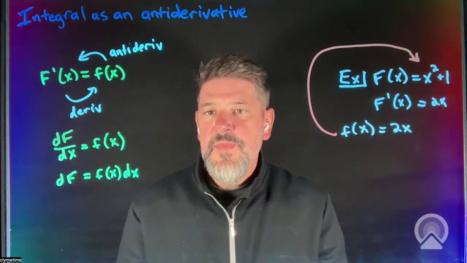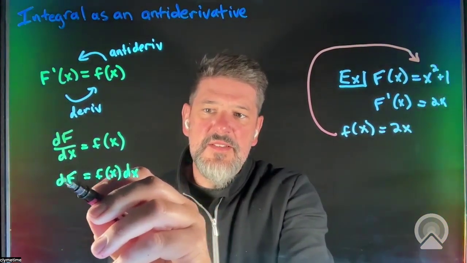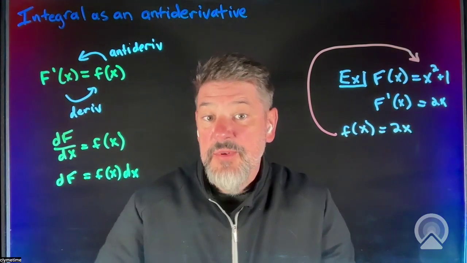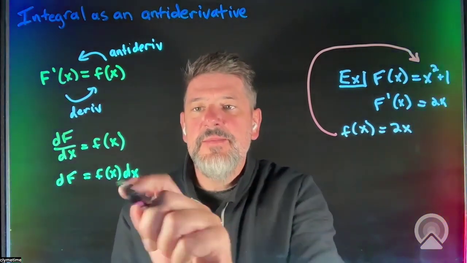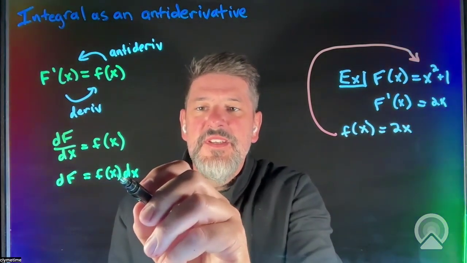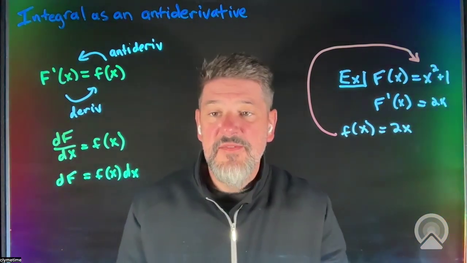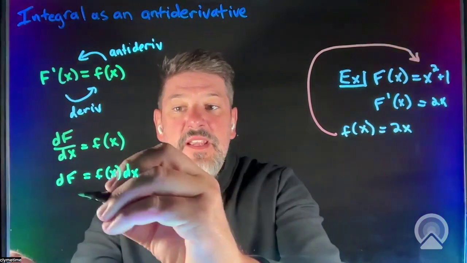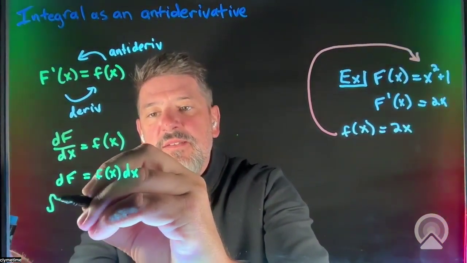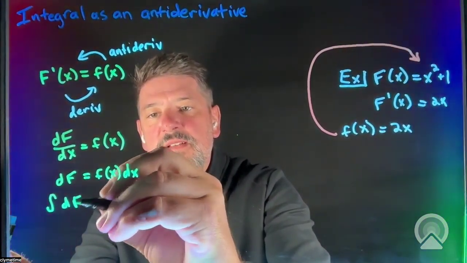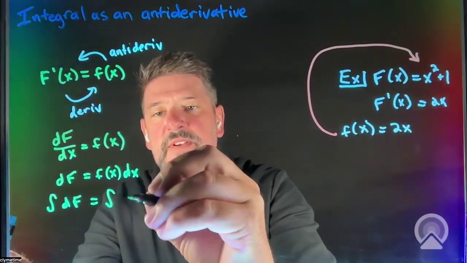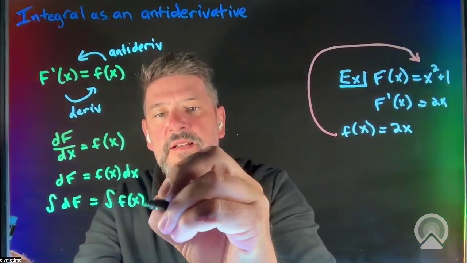And what that means is we have a little tiny piece of the capital F function. A little tiny piece of the capital F function is going to be a y value times a little tiny piece of x. Now what I can do is integrate both sides. So I can take the integral of dF on the left and the integral of f of x dx on the right.